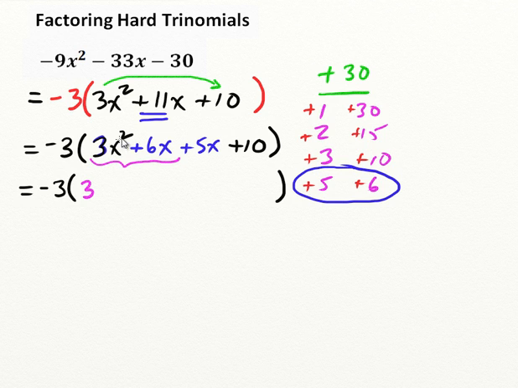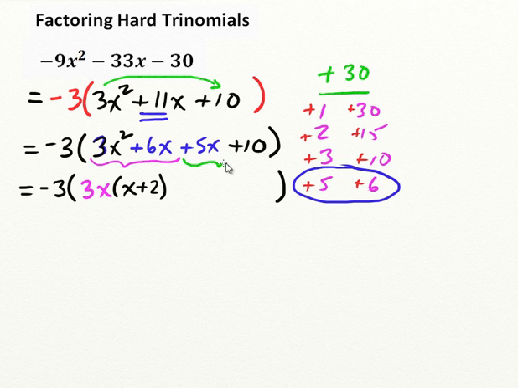Look at the variables. X squared, x. X is going to factor out. What's left? Well, we're going to have an x, because 3x times x is 3x squared, and we're going to have a 2. 3x times 2 is 6x. I'm checking as I go to make sure that things are working out.